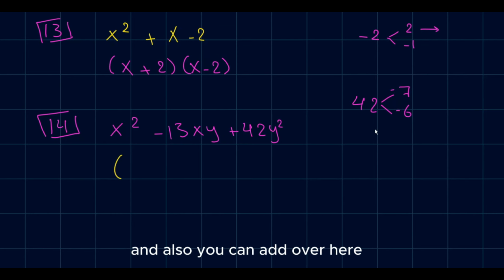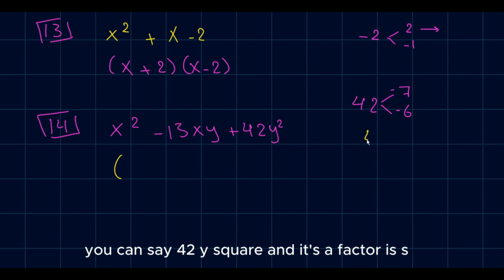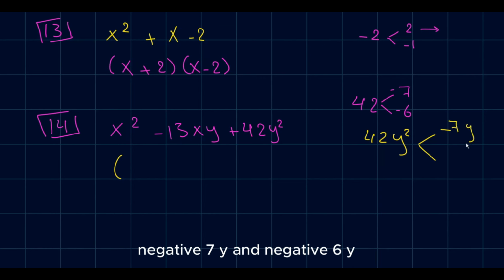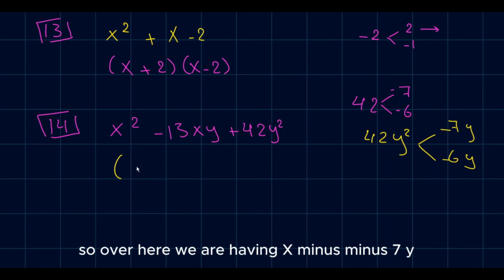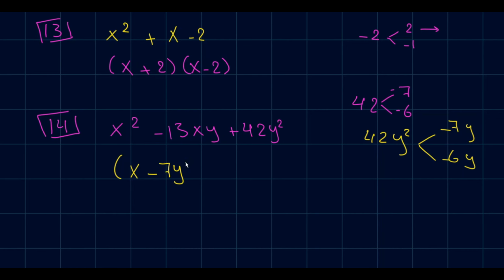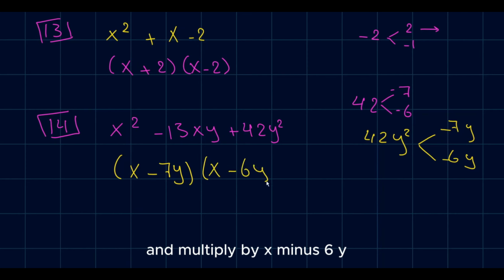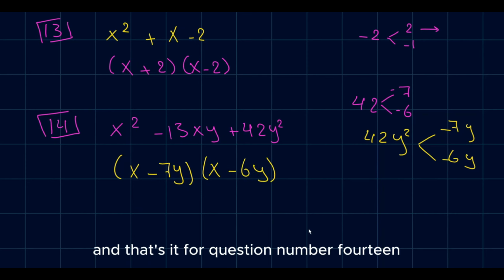You can also say 42y squared, and its factors are negative 7y and negative 6y. So here we have x minus 7y multiplied by x minus 6y. And that's it for question number 14.